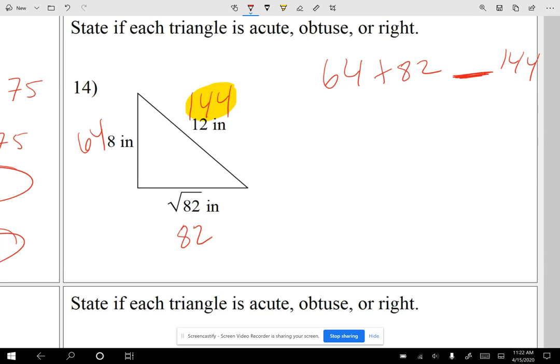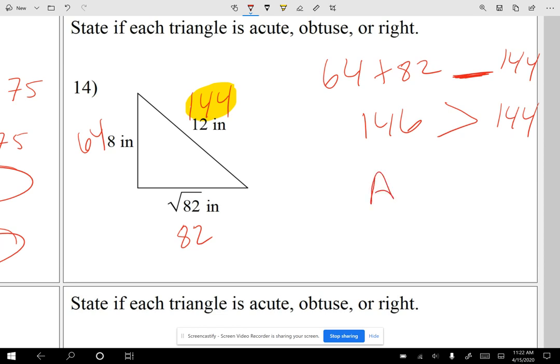All right, now combining the first two, 64 plus 82. That happens to be 146. This is 144. Okay, so I don't have an equal sign. So matter of fact, when I see these, I notice that 144, my c squared, is smaller than the other two.